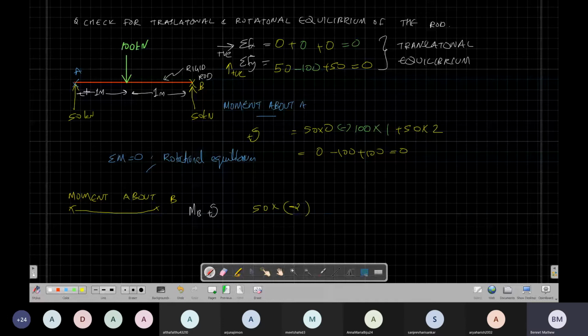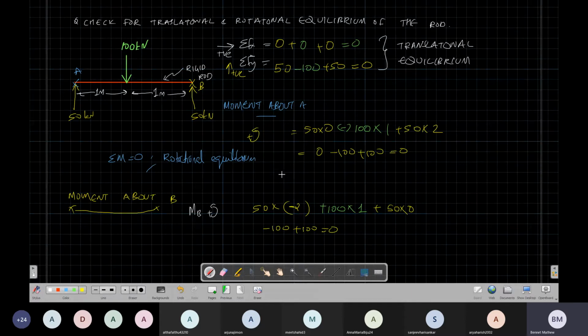This 100 is trying to rotate in the anti-clockwise direction, so that is plus 100 times 1. Then this other 50 is passing through B, so it will not have any impact. So this gives me minus 100 plus 100 equal to 0. So this is the meaning of rotational equilibrium.